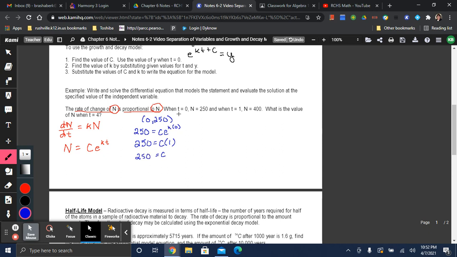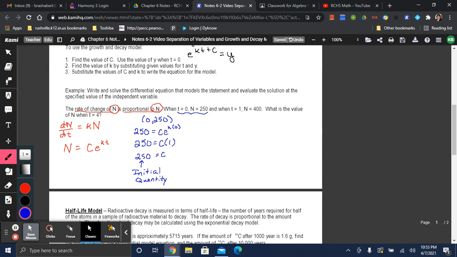So if you are given an amount at time 0, then that amount is your initial quantity. If you're asked to find the initial quantity, and you are given an amount at time 0, that would be your initial quantity.